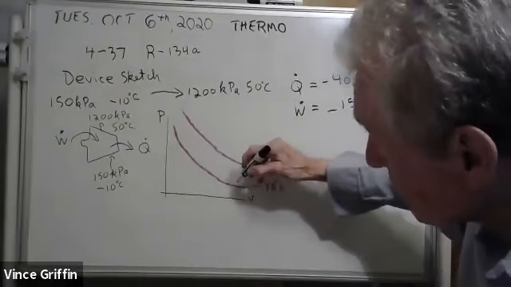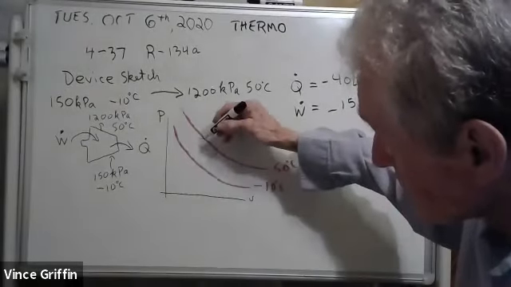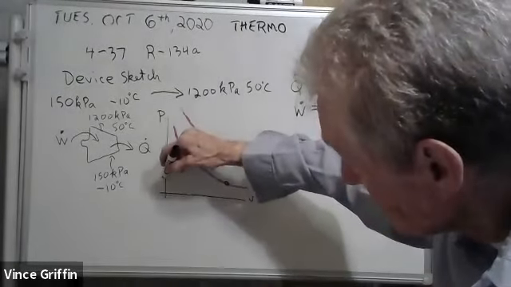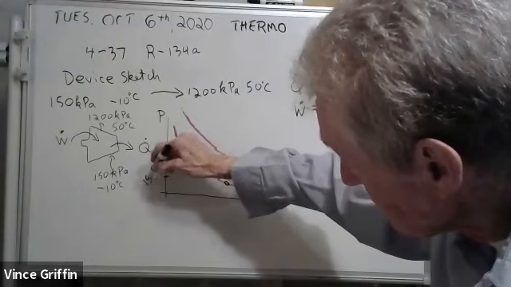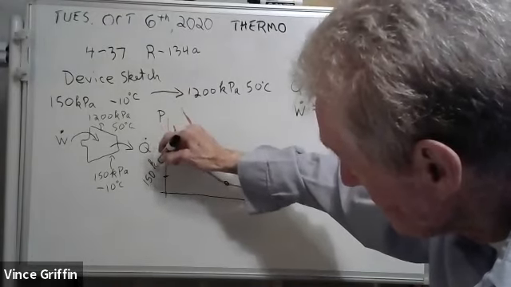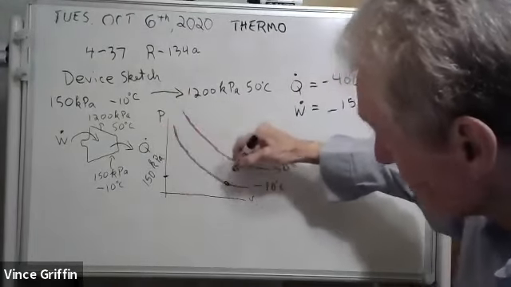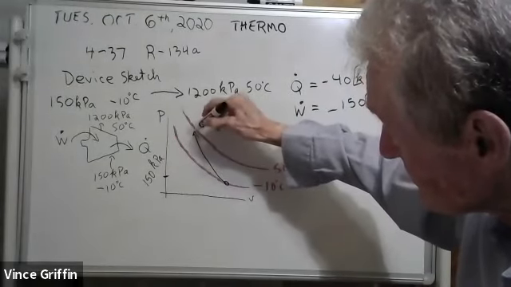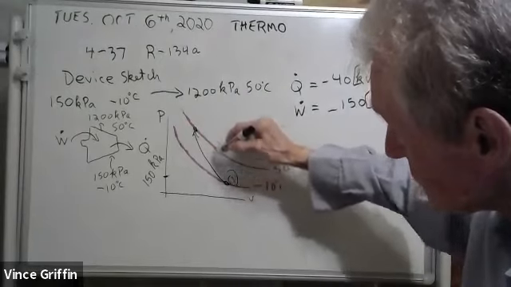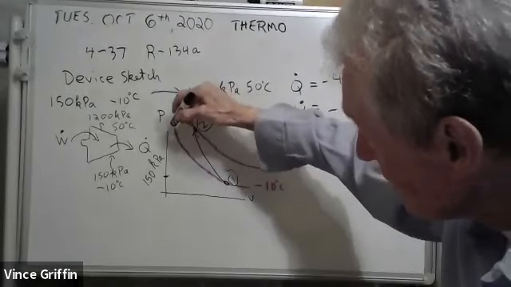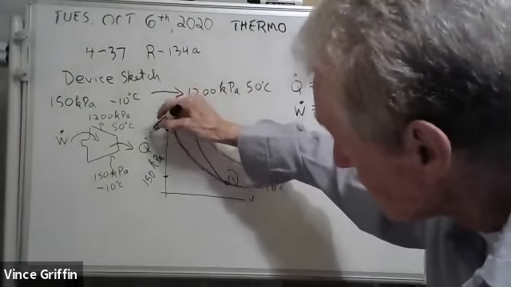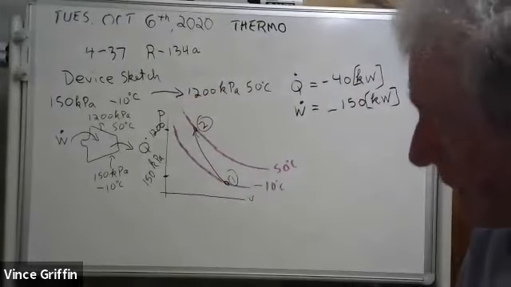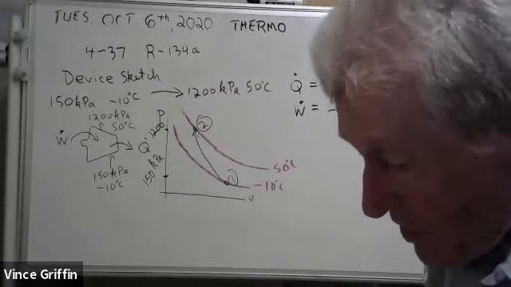And you're still going to go from low pressure to high pressure, aren't you? You're still going to go from 150 kilopascals up to 1200 kilopascals. Kind of looks like an adiabat, but it's not really.